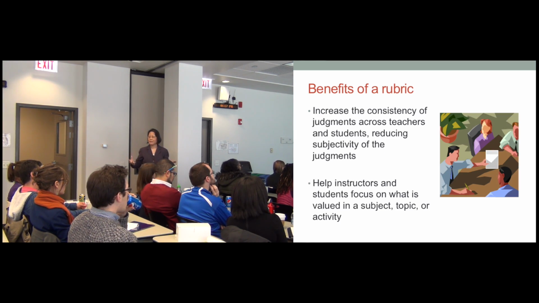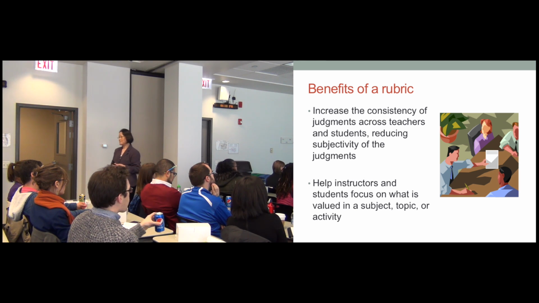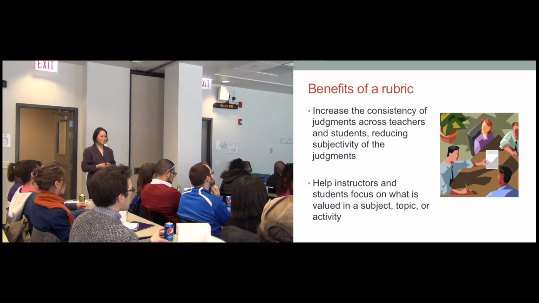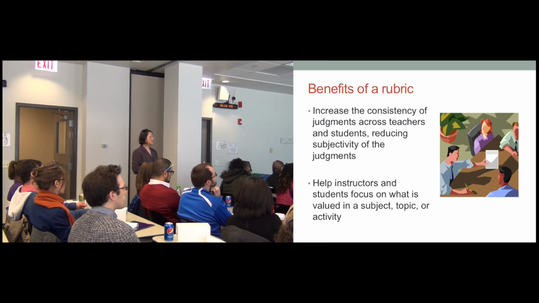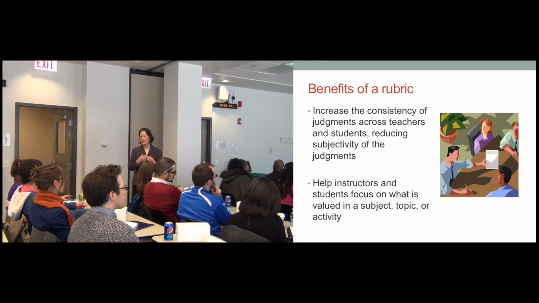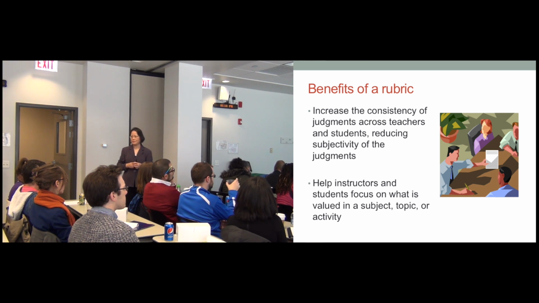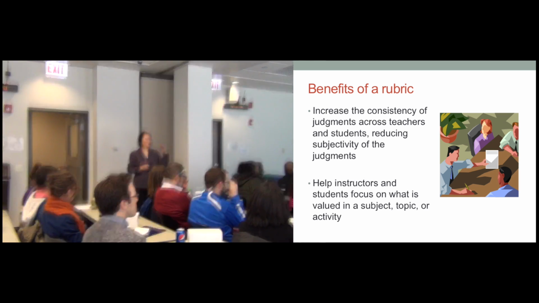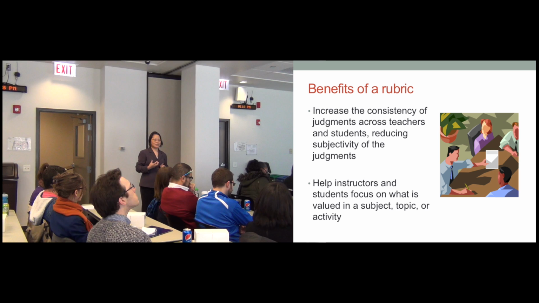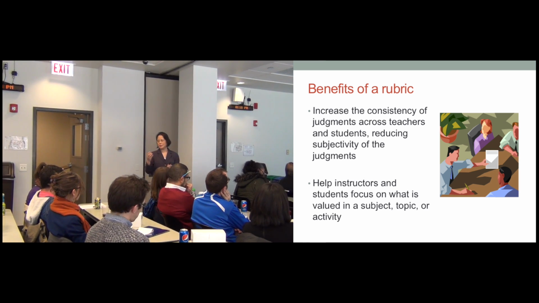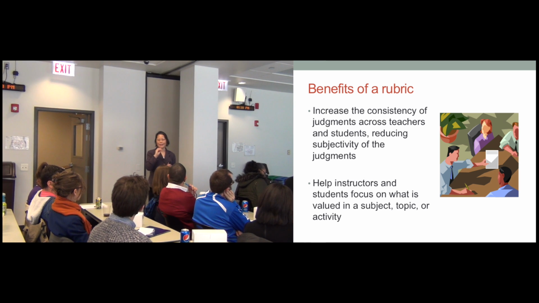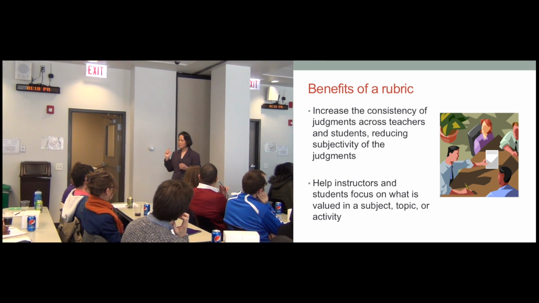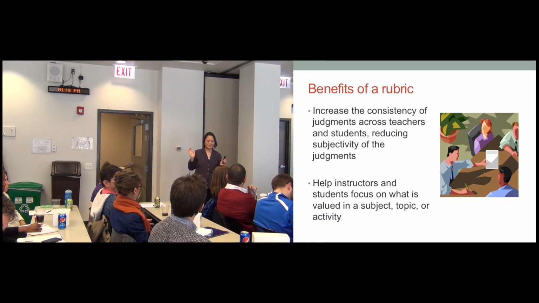So what are the benefits of a rubric? Sometimes, as a teacher, you have different kinds of students. If you have a rubric, it will reduce your subjectivity. When you score students' sample work, you just base it on the rubric, and not think about whether he is my favorite student or not.